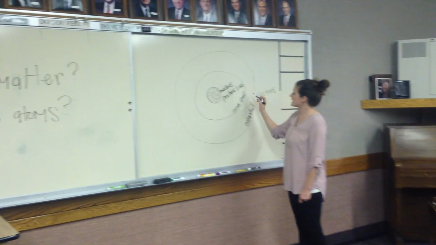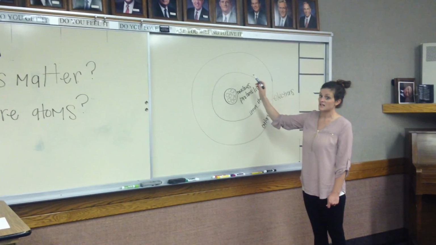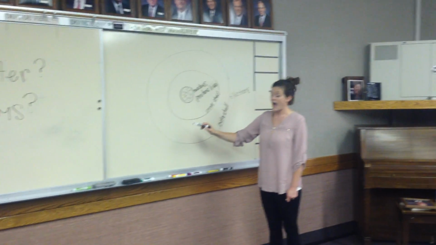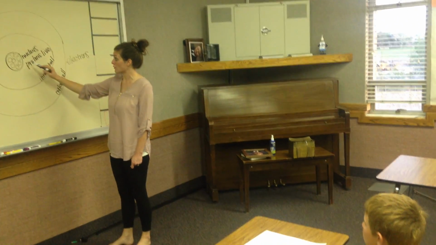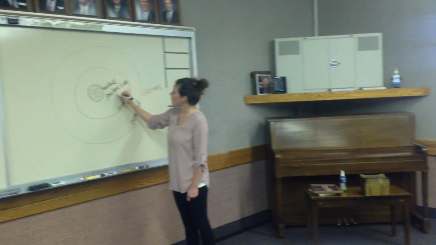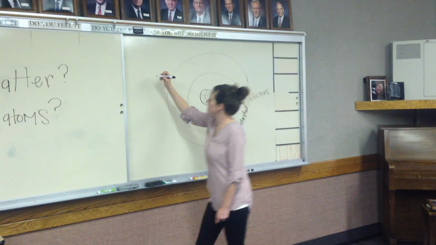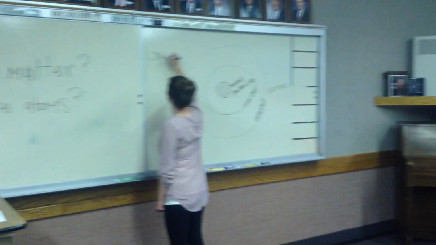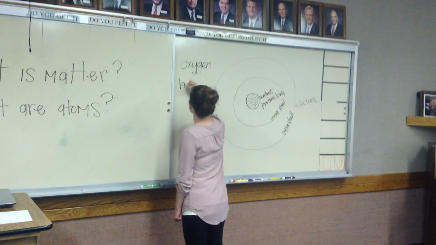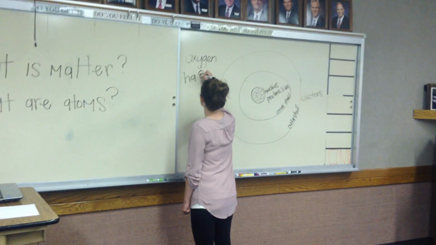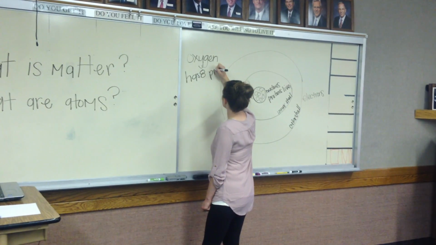Each element, like oxygen, has different properties and numbers of protons, like we said. So, oxygen has 8 protons.